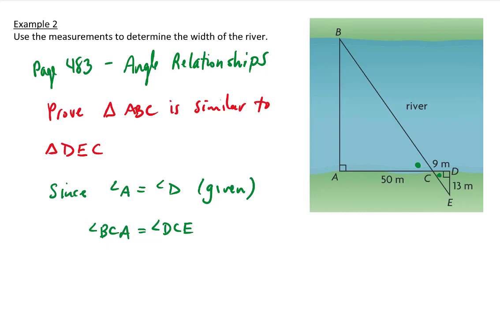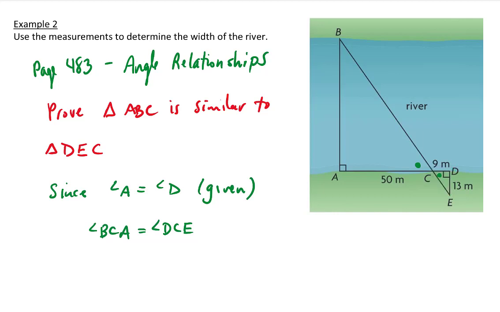If I want to name this angle here, that's the same as saying C here, but to give it a different notation, we start from B, we go down to C, and over to A. So that is angle BCA. Similarly, if I want to name the other C angle in the small triangle, that would go from D to C to E. So that is angle DCE.